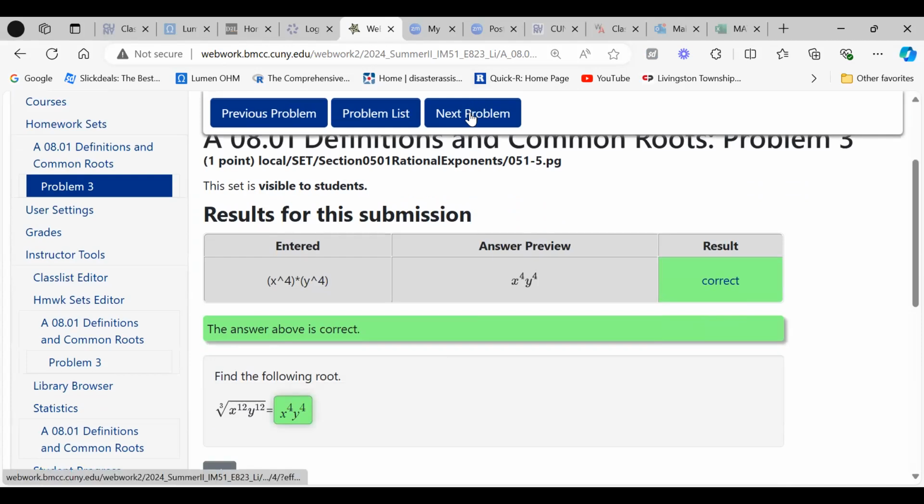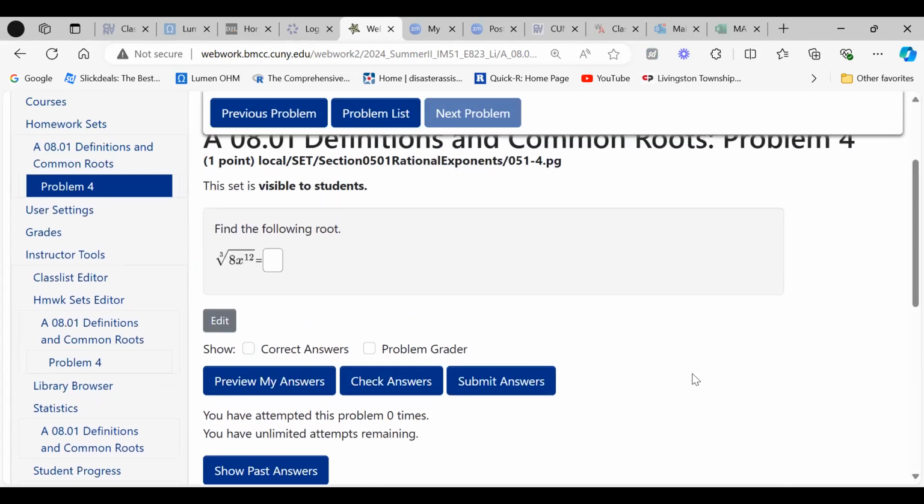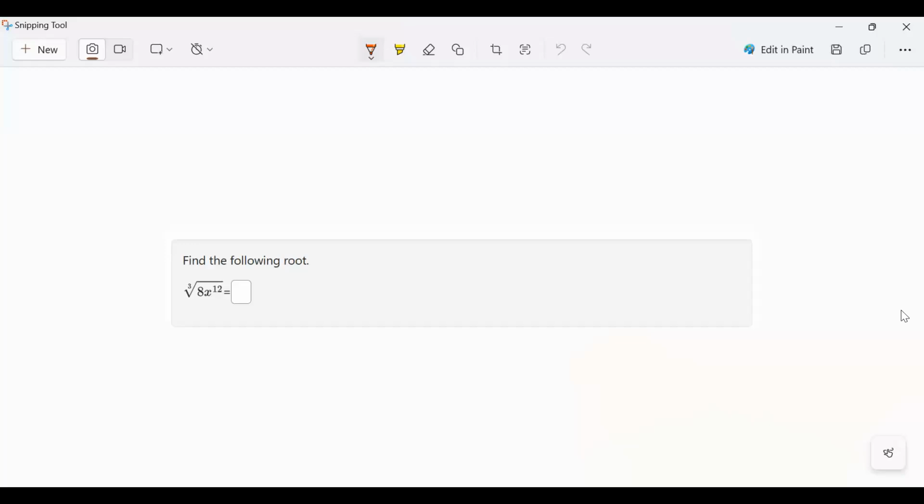It's good. And then let's look at the cubic root of 8. I'm going to show you how to do this as well. Maybe you guys try this. Just turn everything into exponents.